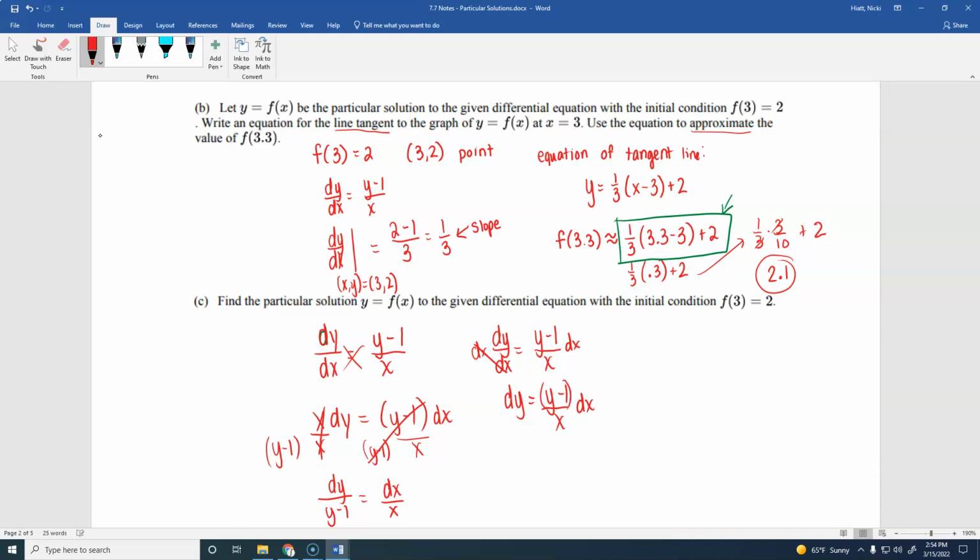And then this y minus 1 right here, you'd have to divide it off. So that also gives you dy over y minus 1 equals dx over x. You don't have to do both of those ways, certainly. Either one of those will work.